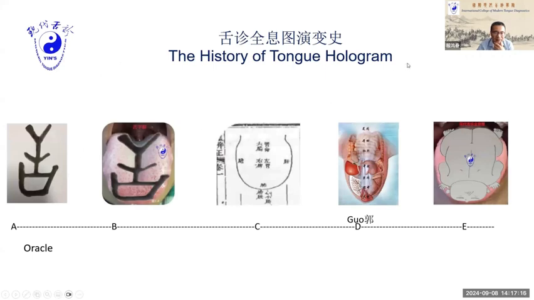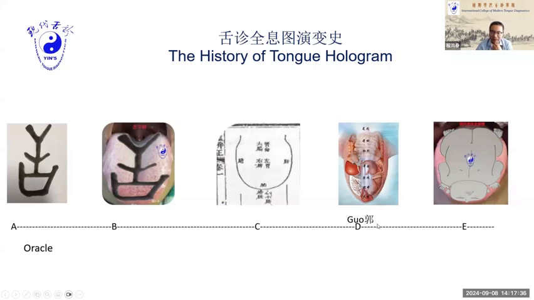This tells the history of the tongue hologram, from the oracle bone word in Chinese, where the tongue is shown like this. And this is from the Qing Dynasty, a book called 舌尖辩证, showing a tongue hologram.